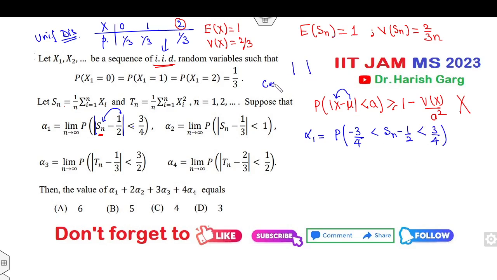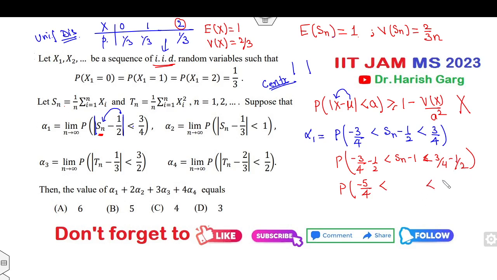So I can apply the central limit theorem. For this case, I need to write Sn minus mean, so I can subtract minus half on both sides. Then it is 3 by 4 minus half. The left hand side is negative, so it's 6 minus 5 over 4 is less than something.